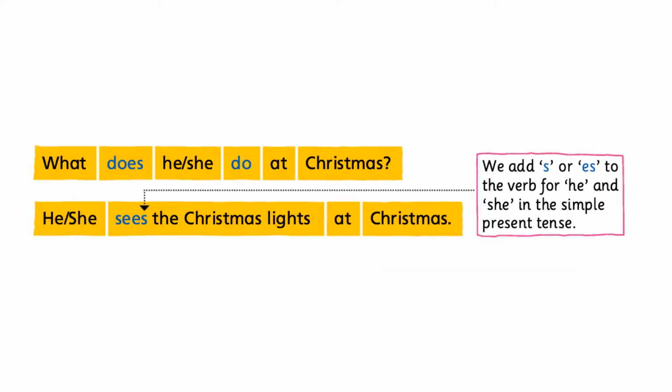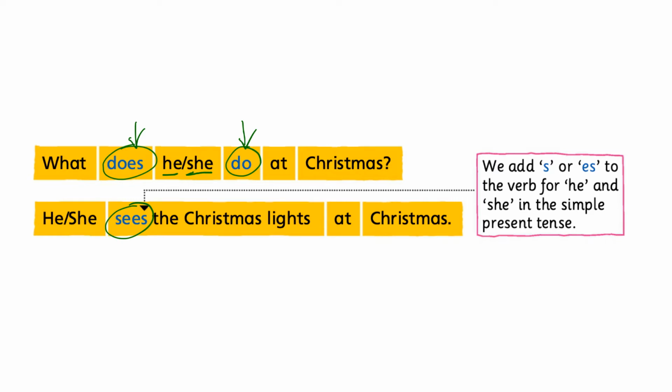Look at the grammar tables. What does she do at Christmas? She sees the Christmas lights at Christmas. Pay attention to the verbs in blue here. We use does, do in questions in the simple present tense for singular subjects like he and she.